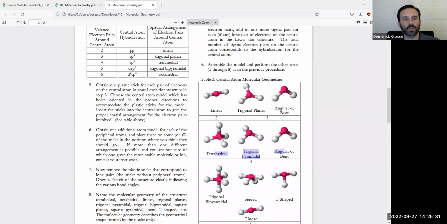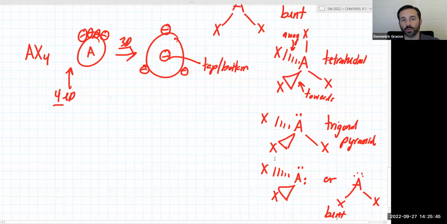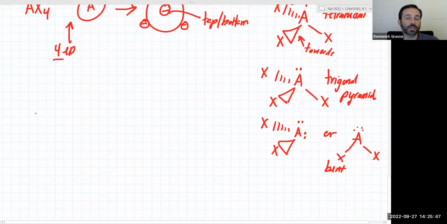Now let's talk about what this hybridization means. We don't have to go into it in any detail at all. Hybridization is about how those electrons interact with each other and what kind of mathematical shapes they can make. You don't need to know this to be successful in lab, but I do want to introduce it to you real quick.